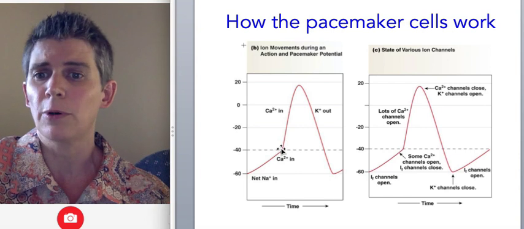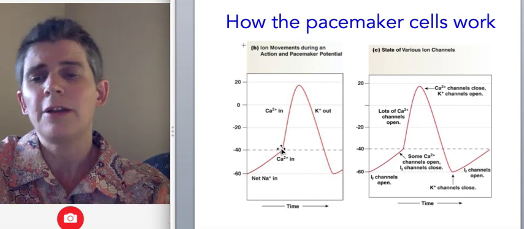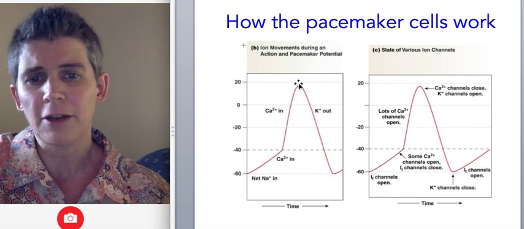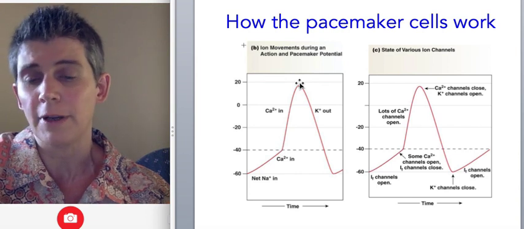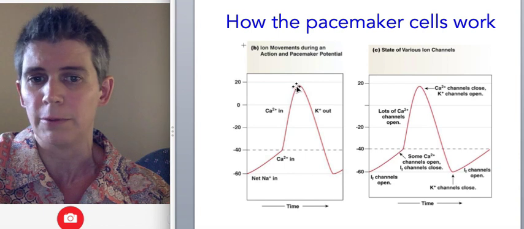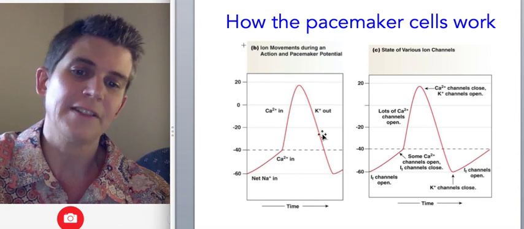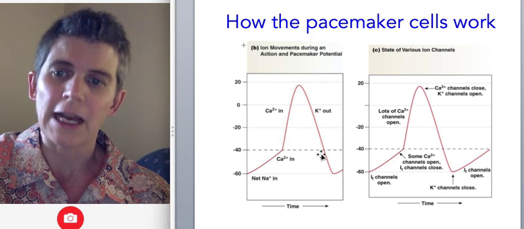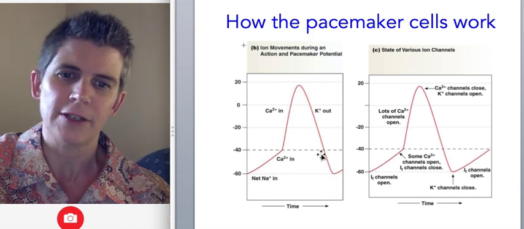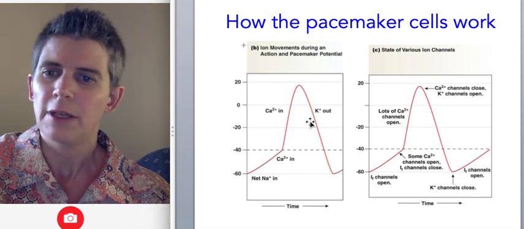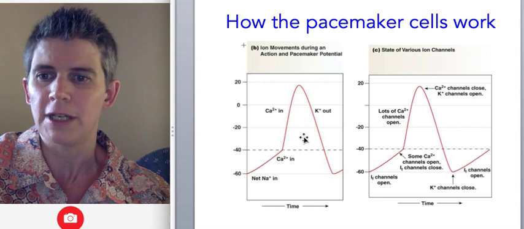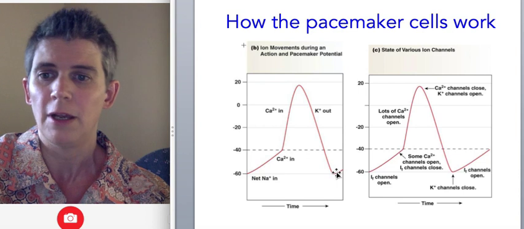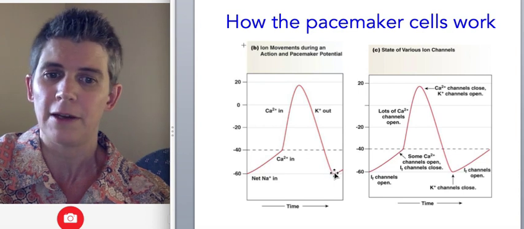Eventually, it depolarizes to threshold, and you get opening of voltage-gated calcium channels. Then the calcium floods into the cell very quickly, producing a fast depolarization. And then, as in all action potentials, the downswing or repolarization phase of the action potential is created by the opening of voltage-gated potassium channels, which allow potassium to move out of the cell and return it to its resting value.